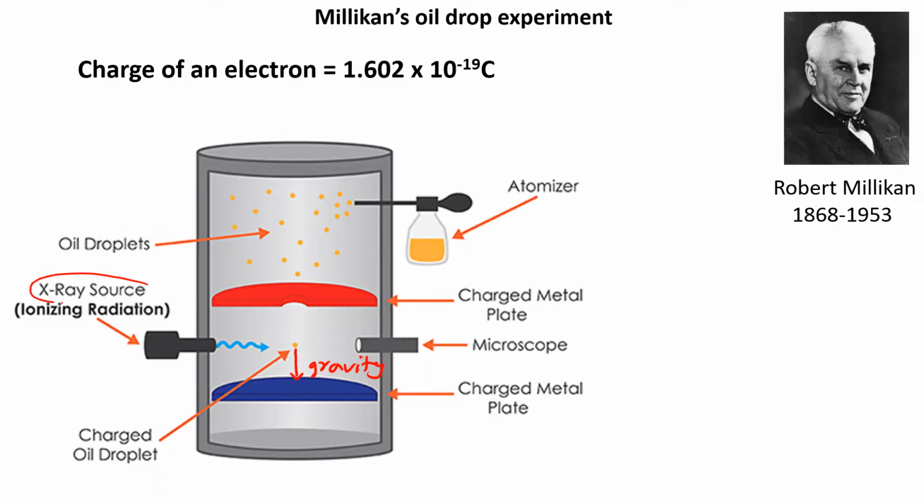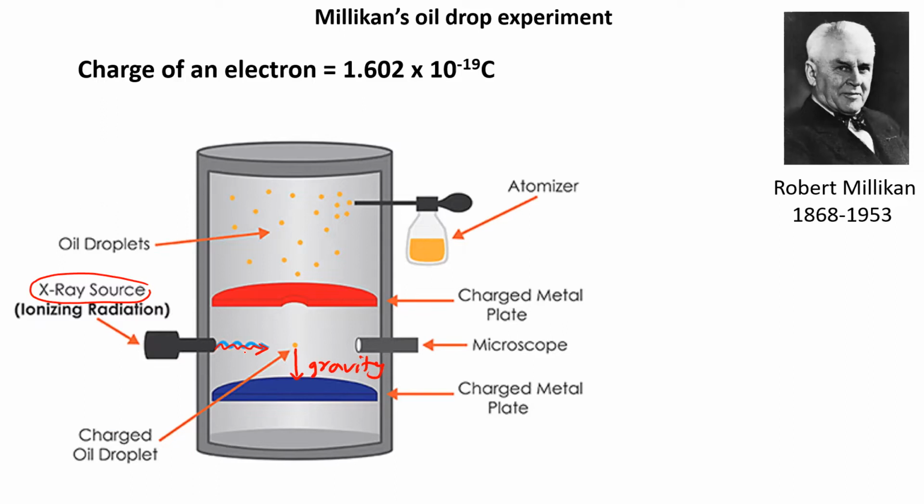And when it drops, what he did is he sent X-rays. There is an X-ray source here. He shoots X-rays towards the oil drop. What that does is that the X-ray is going to knock out an electron from the oil drop.